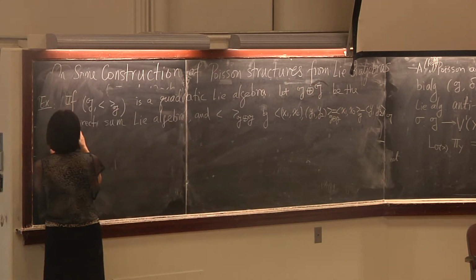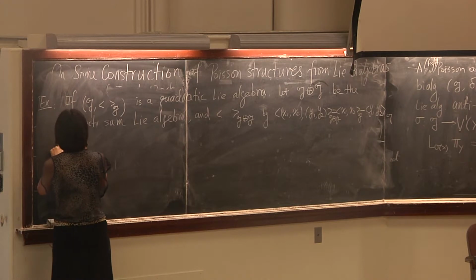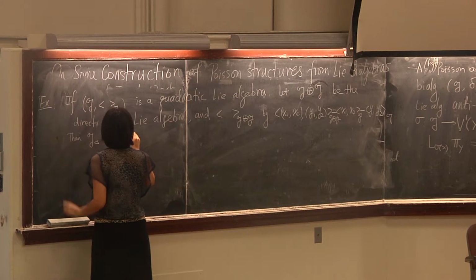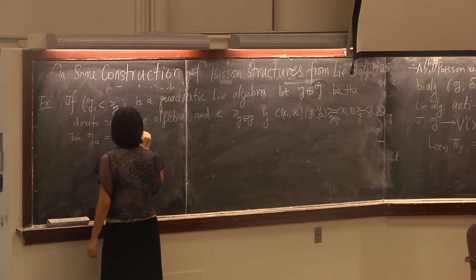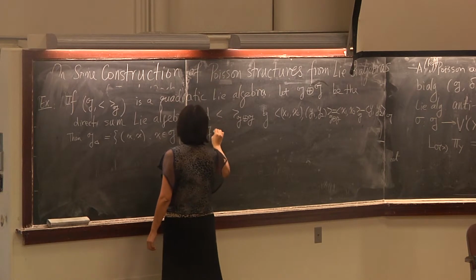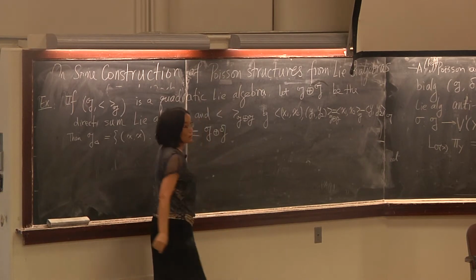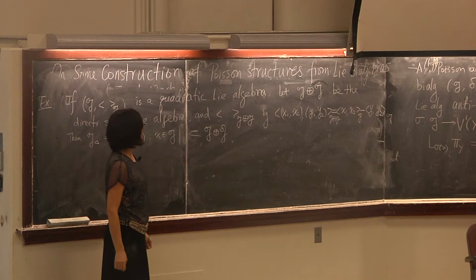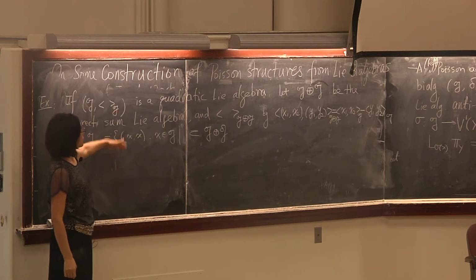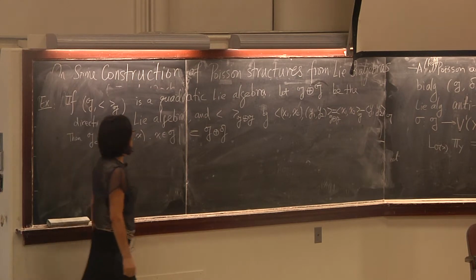Now note that G diagonal, sitting inside this double, is Lagrangian. It's a Lagrangian subalgebra. Therefore any complement of the double would make this into a Manin triple.